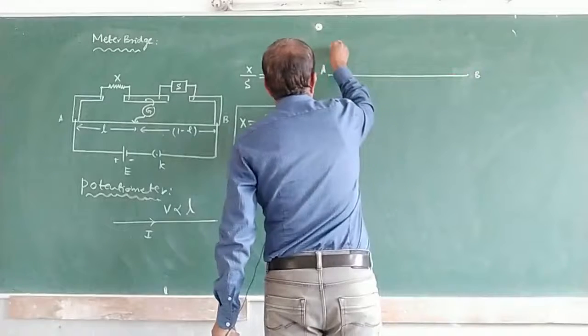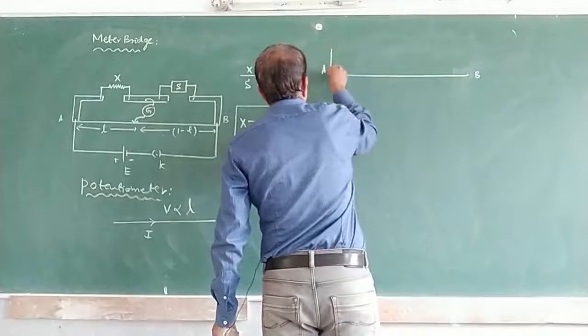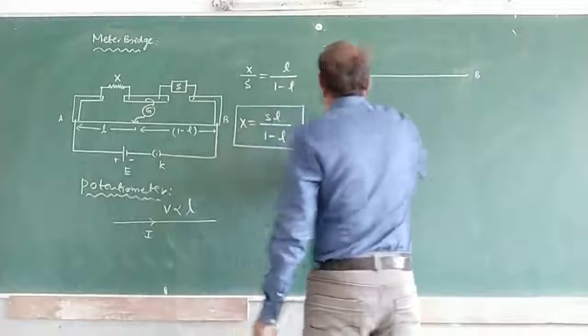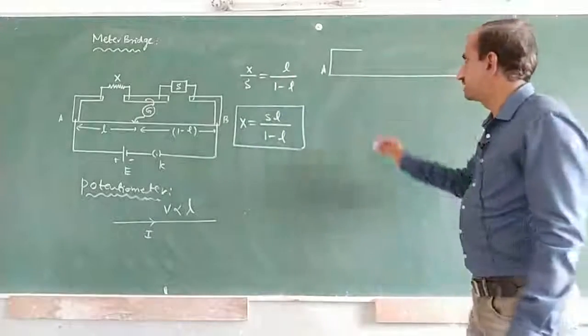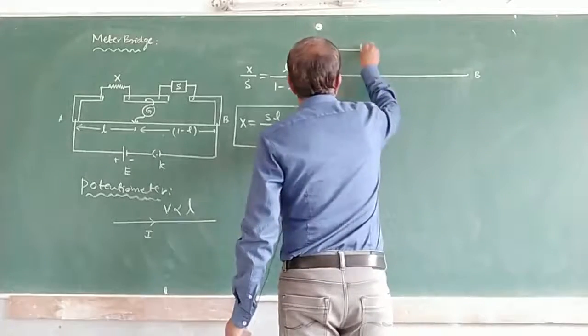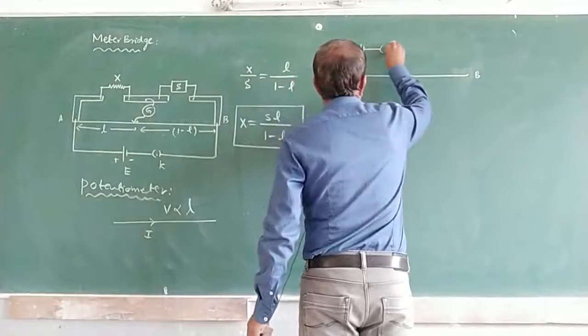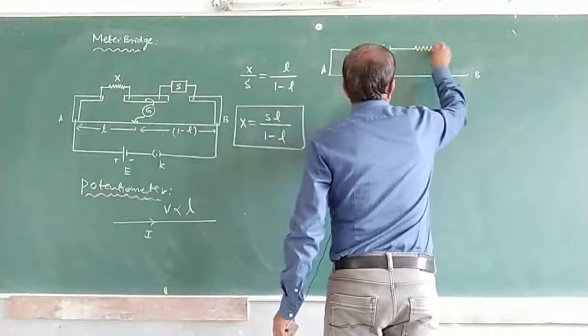There is a driving circuit, or the primary circuit, above the wire, which consists of a cell, a plug key and a rheostat.